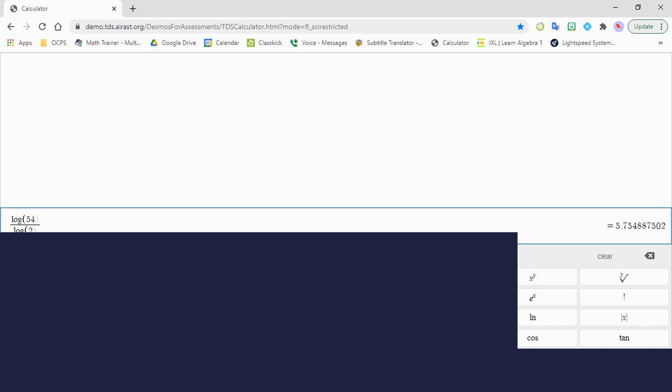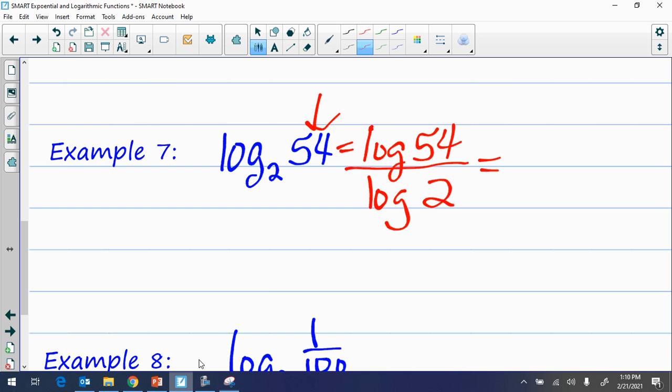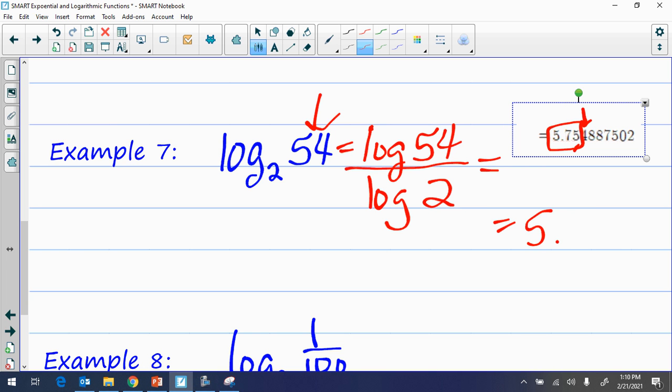And I'm going to get, darn it, this one rounds down too. I should have picked one that rounded up. So this is what I get. To the nearest hundredth is right here. I look to the right, that tells me to stay the same. So it's going to be 5.75.